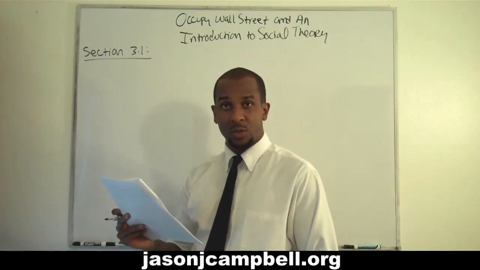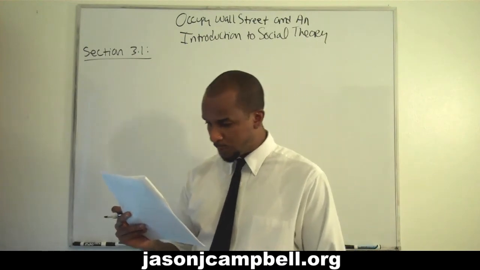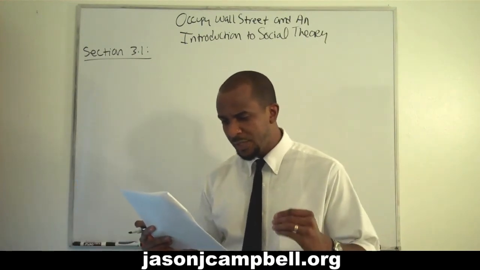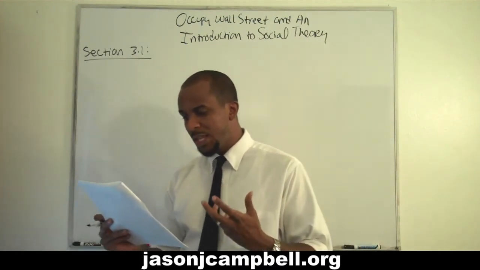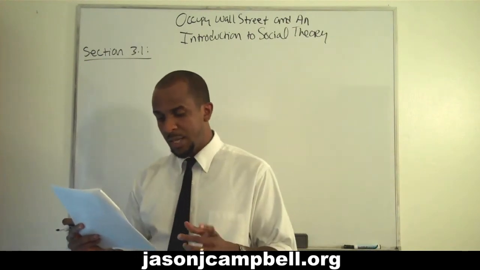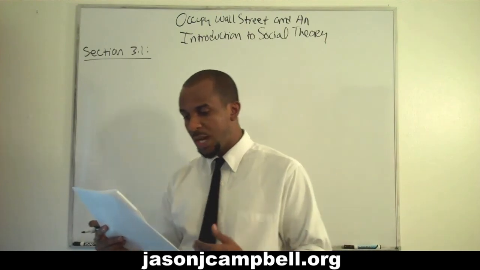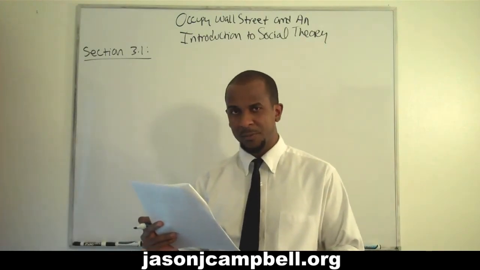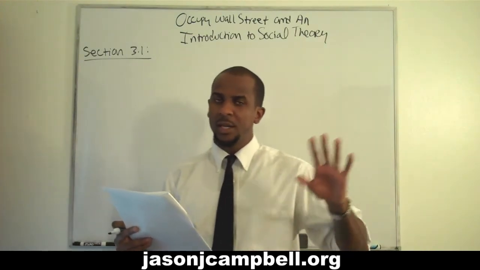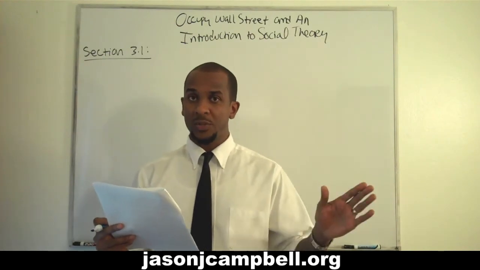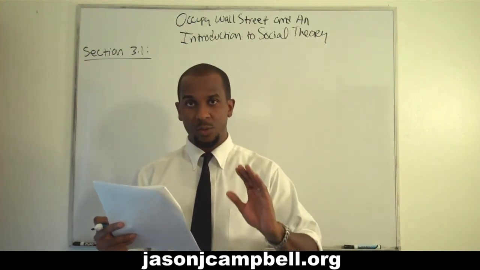The stranger has, according to Georg Simmel, quote: "The appearance of this mobility within a bounded group occasions that synthesis of nearness and remoteness which constitutes the position of the stranger." Seems a little cryptic, but if you've watched the other section, section 3 of the analysis, then you understand what this means.